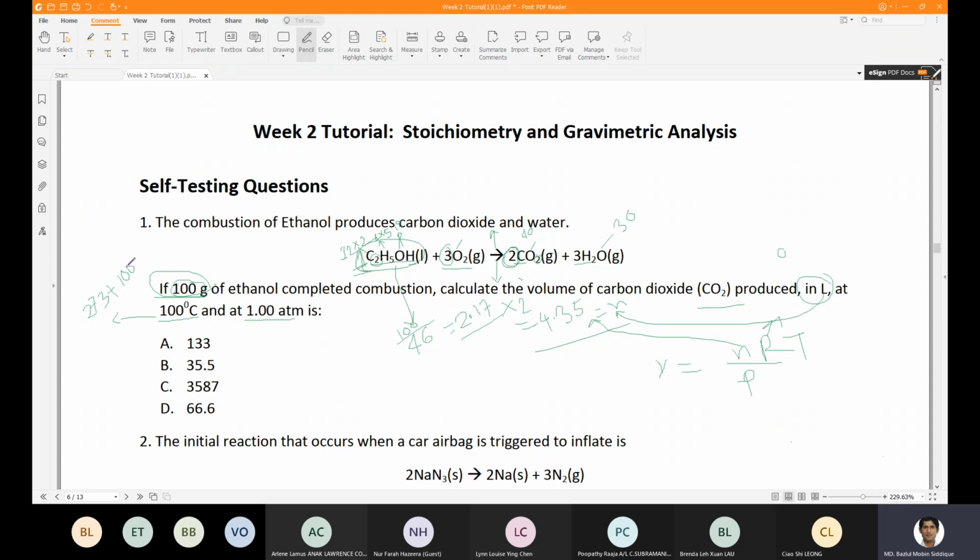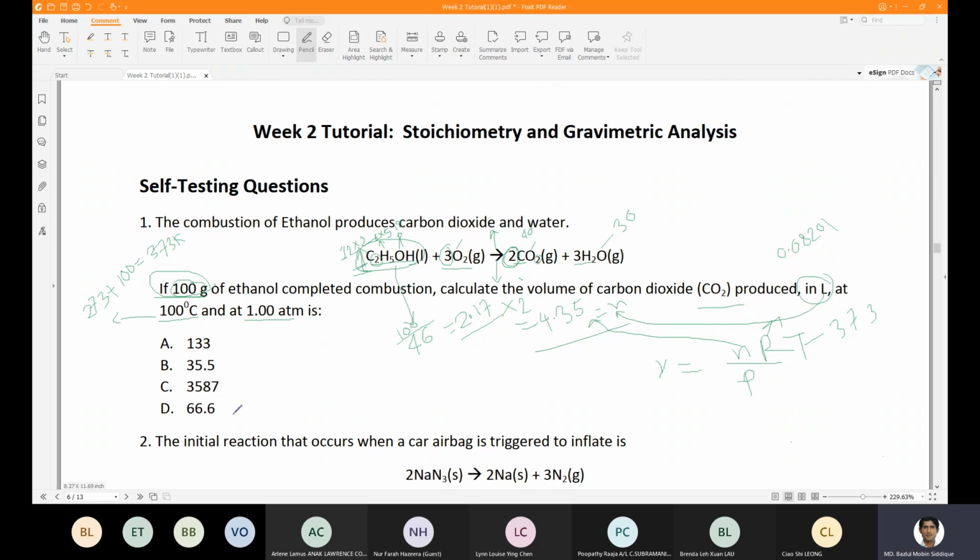And how do we convert to Kelvin? We just add 273, so that is 373 Kelvin. All right, so the temperature is 373 Kelvin, and then n is 4.35, R is the gas constant, for this case 0.08201, right? And P is 1 atmosphere.